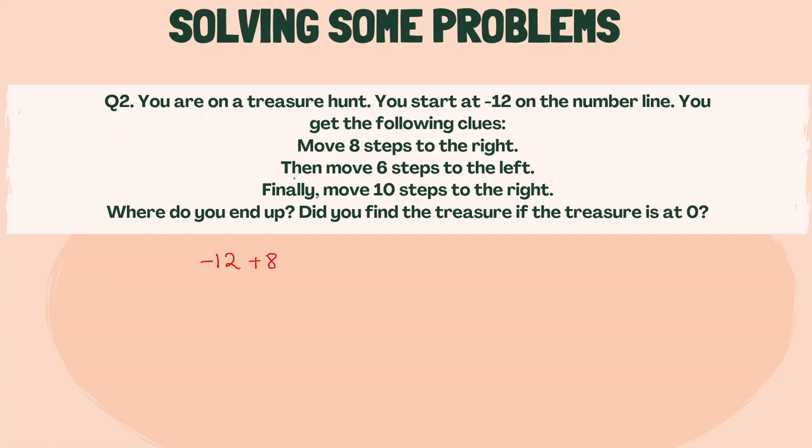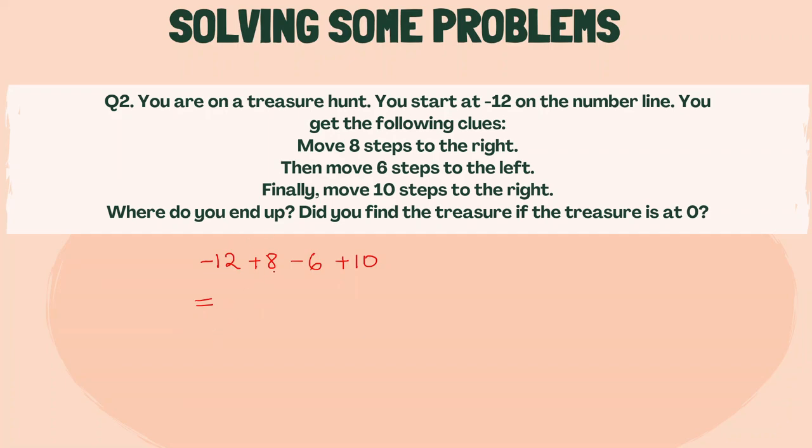Then move 6 steps towards left. So it will be minus 6. Left side is always minus. Finally move 10 steps to the right. So it will be plus 10. So after that we will solve this problem to get where you would end up.